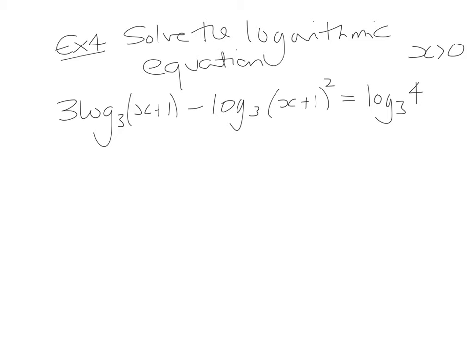Okay, so this one looks substantially more complex than the other example that we did, example 3, but we're just going to carry on by thinking about the rules that we know, where can we use them, and then solving for x.